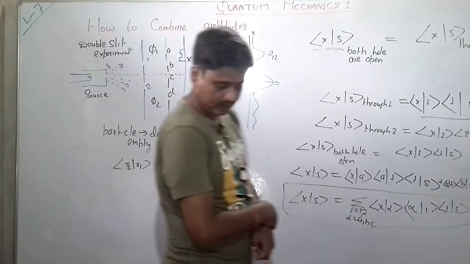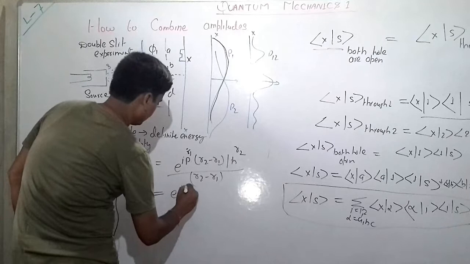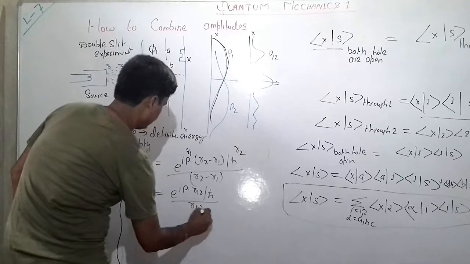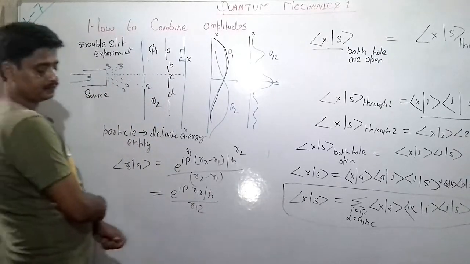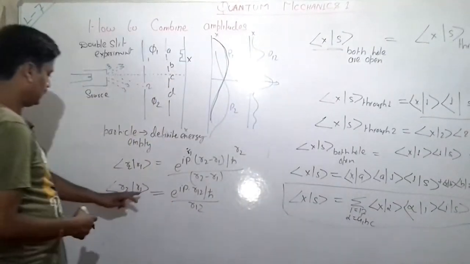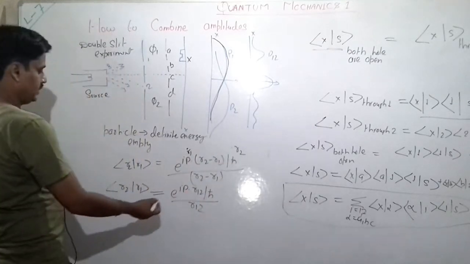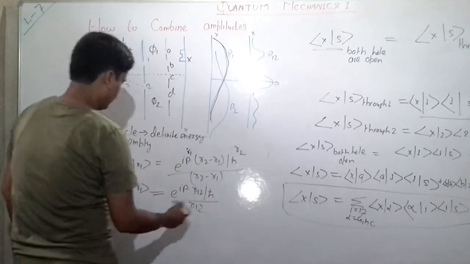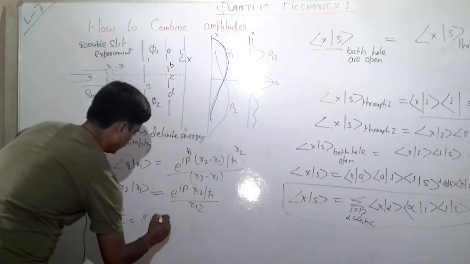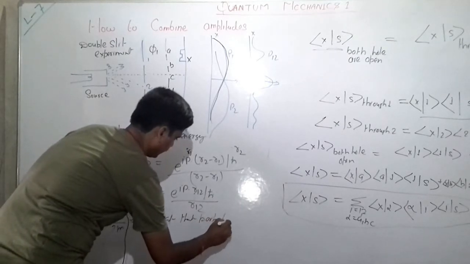Or instead of R2 minus R1 we can say R12. So a particle going from point R1 to point R2 has amplitude e to the power i p R12 divided by h bar, and p squared by 2m will be the kinetic energy of that particle.